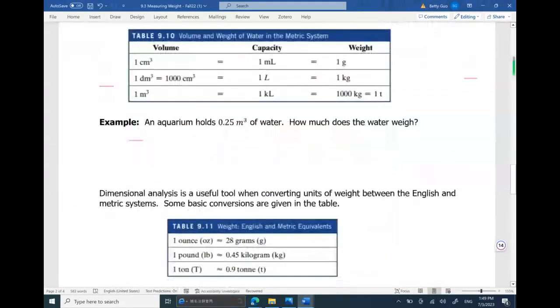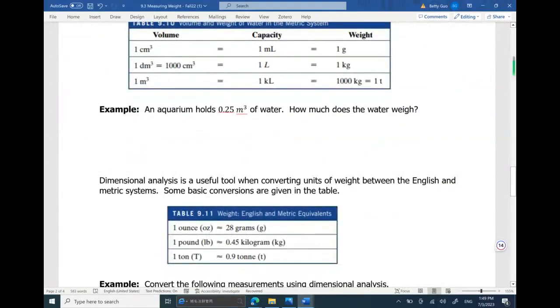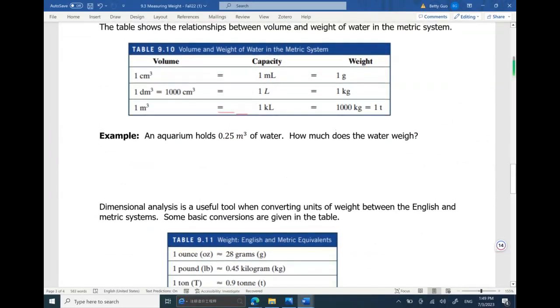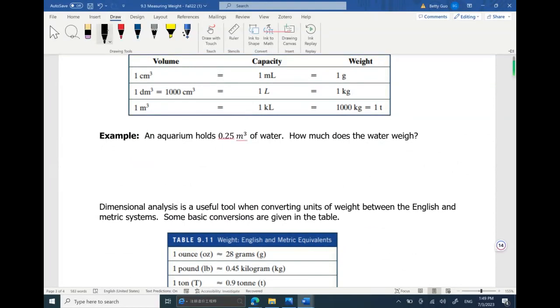Next question. An aquarium holds 1/4 cubic meters of water. How much does the water weigh? Okay, so look at the table right above it. We go from cubic meters to, how much does the water weigh? It doesn't specify the unit for the weight, right?